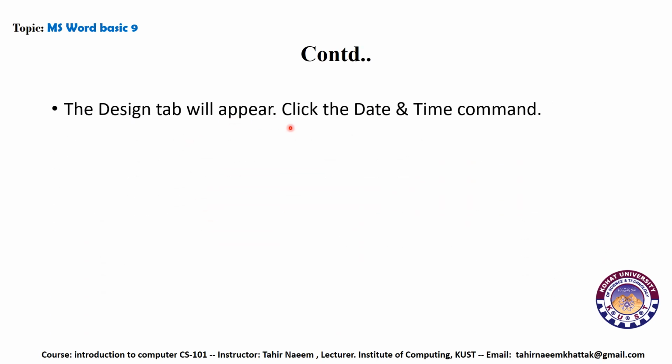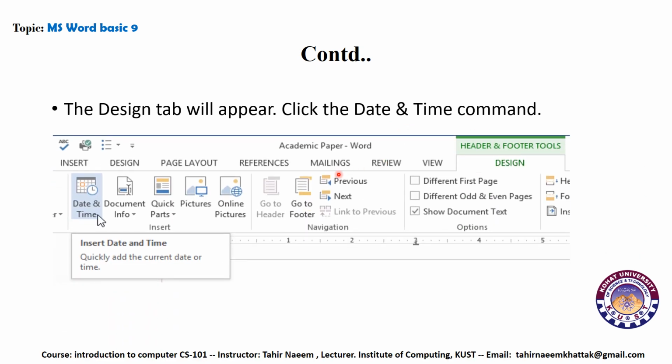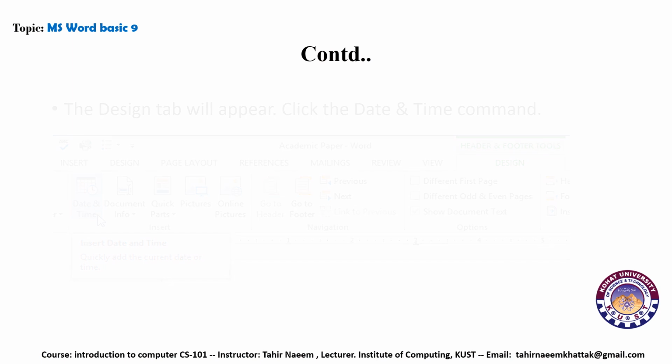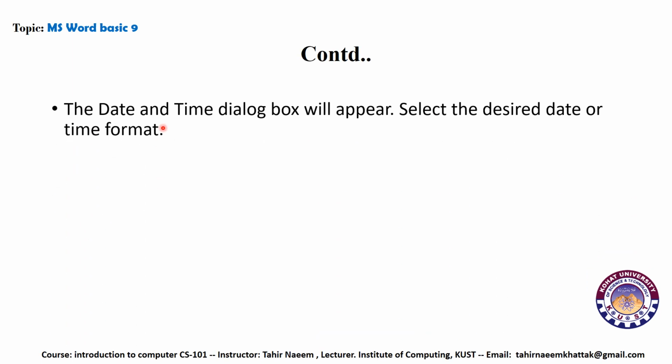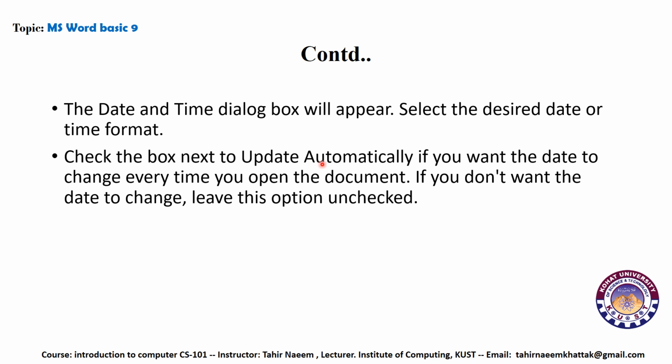The design tab will appear when we click on the date and time command. As you can see here, insert date and time quickly adds the current date or time. The date and time dialog box appears. We select the desired date or time format, and check the box next to update automatically if we want the date to change every time we open the document.